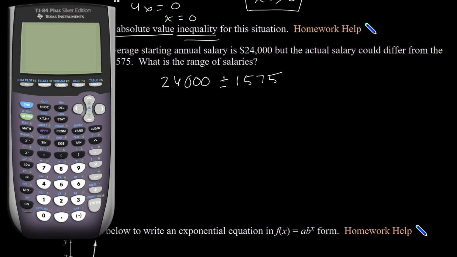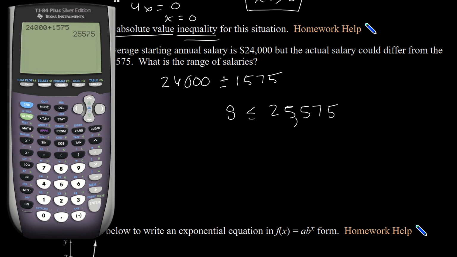So in fact, let's go ahead and get the solution here. So one of them is going to be 24,000, and then I'll add 1,575. So when I do that, I get the upper bound. So if S is my salary, right? The starting salary could be as high as $25,575.